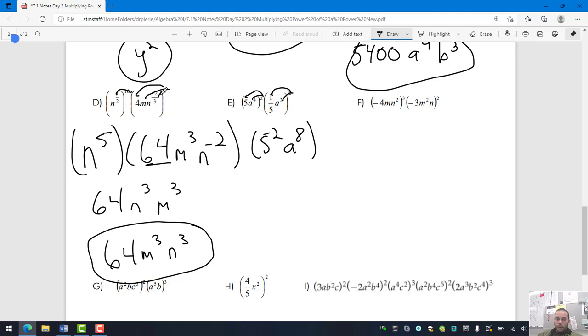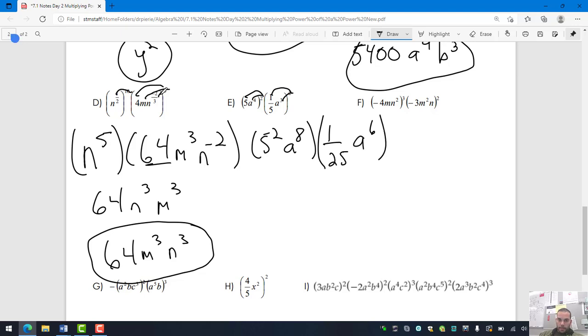So 1 squared is just 1, and then 5 squared becomes 25, so it should become 1/25. Be careful with those. And then a cubed squared, 3 times 2 should be equal to 6.